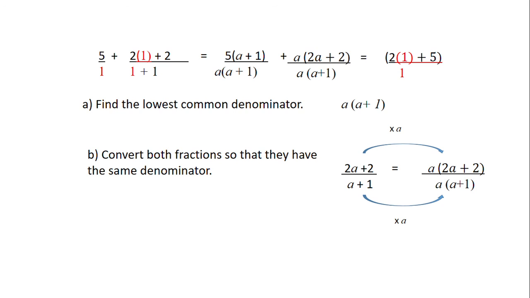We have 5 over 1, which is 5, plus 2 plus 2 over 2, which is 2. 5 plus 2 equals 7, and in our answer we have 2 plus 5 over 1, which is 7 over 1. So both of those are equal to 7. So we can check that we've done it correctly, because we've substituted a equal 1, and the answer comes out as correct in the end.